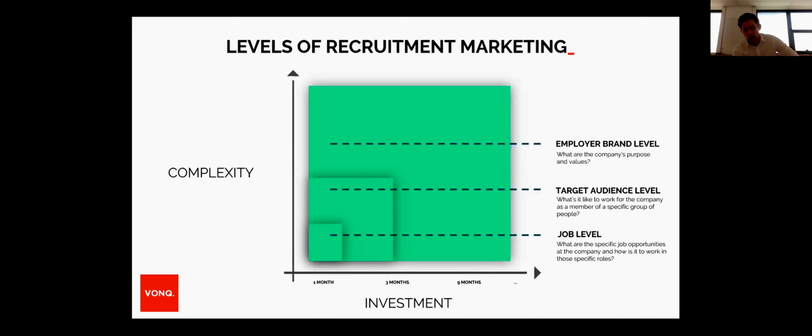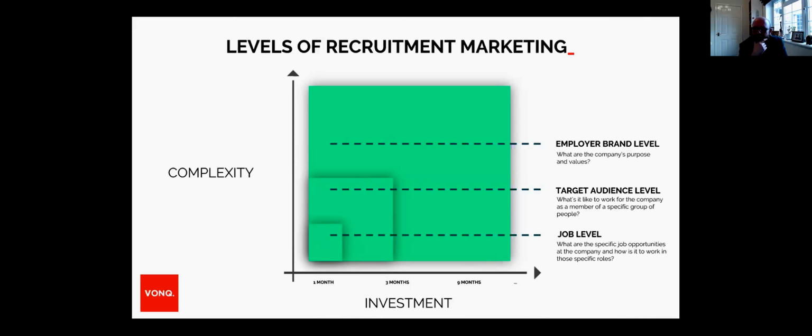This can be broken down into things like time, money, effort, everything that needs to be done to achieve your hiring objectives. Depending on the level of complexity, a different approach and investment is required to maximize and communicate effectively your values and purpose. But let me explain that in part 2.